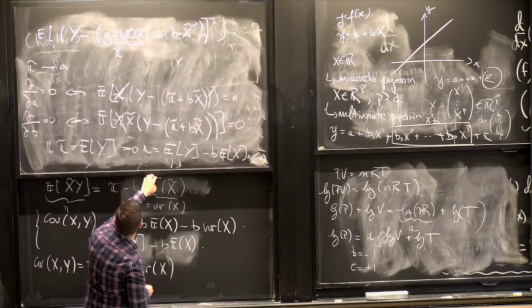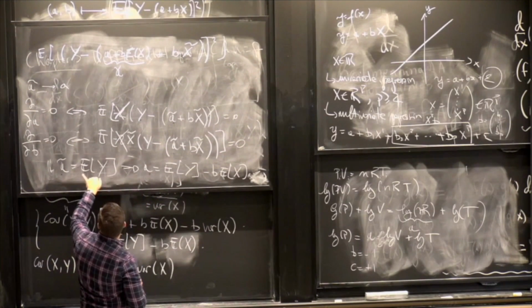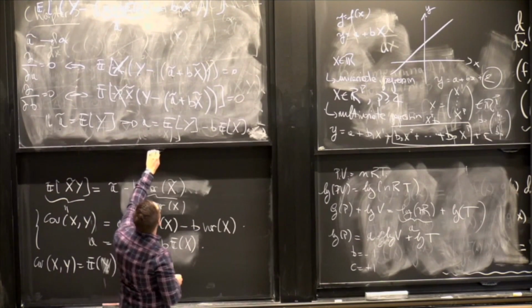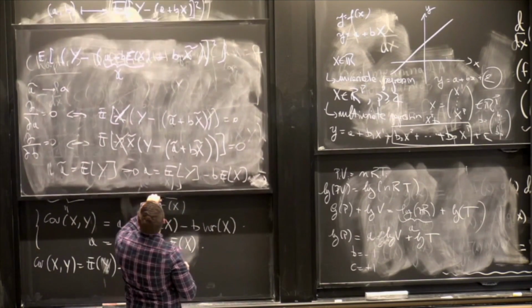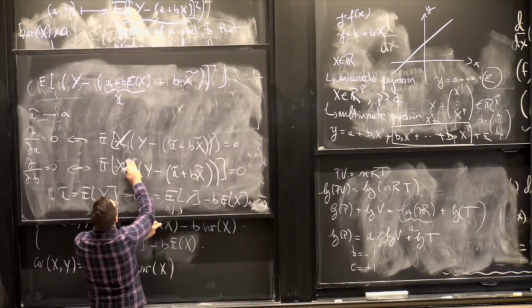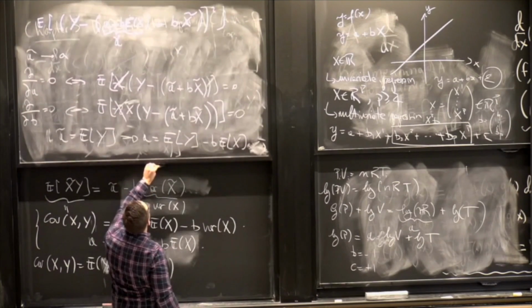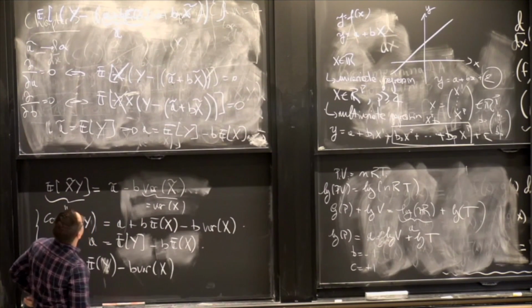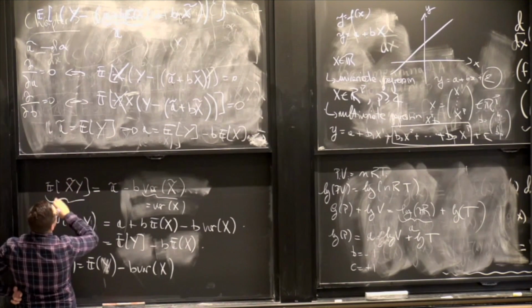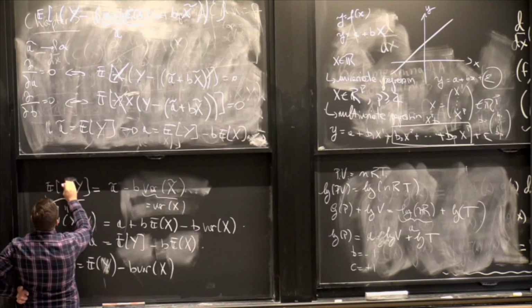So this is actually x here, right? When I take the derivative with respect to B. And so now I'm basically left with nothing that helps.